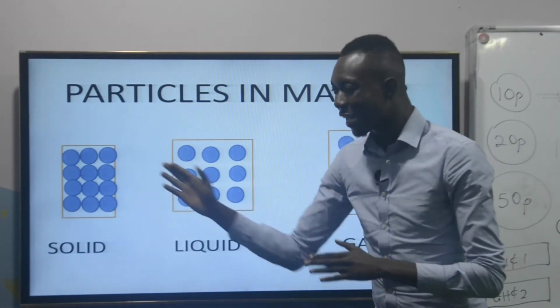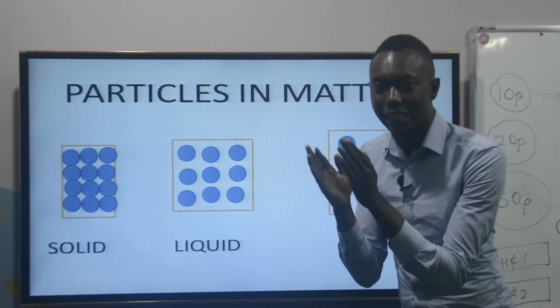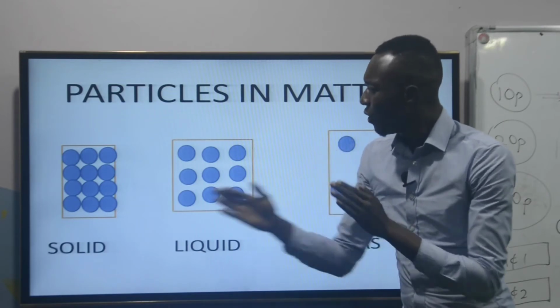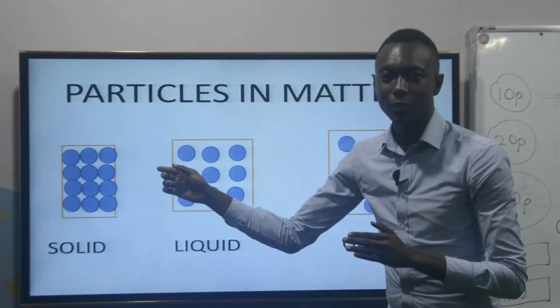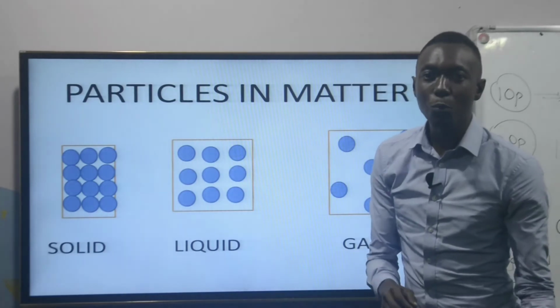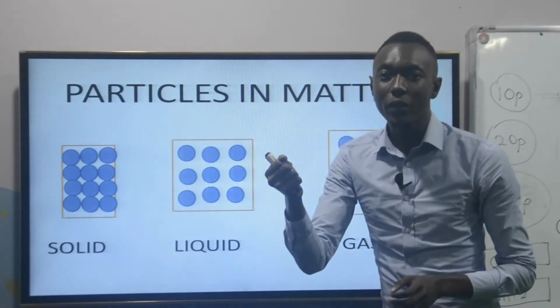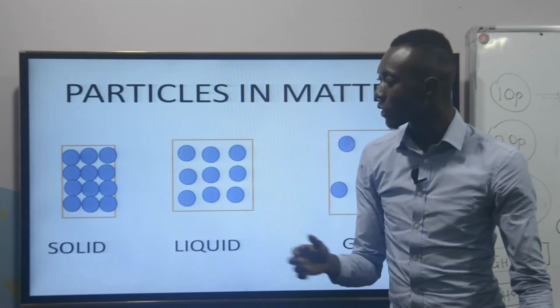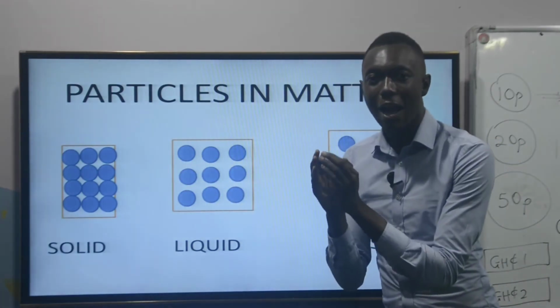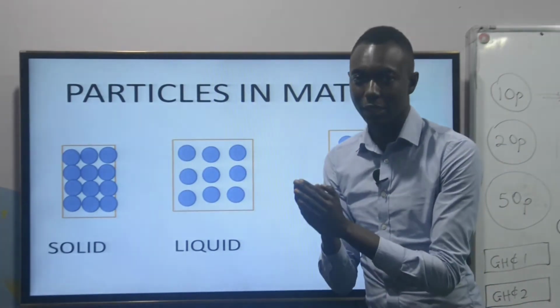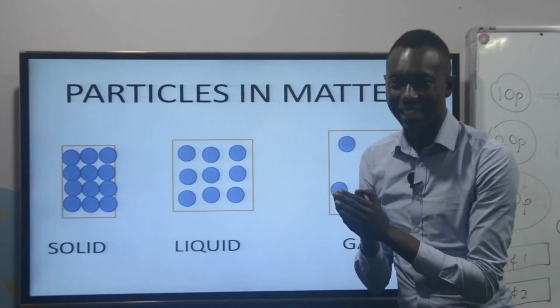As you can see here, they are tightly packed together, very, very close to each other. And that's how come we are able to hold solids without them falling down, because their particles are very, very compact. I hope that is clear.